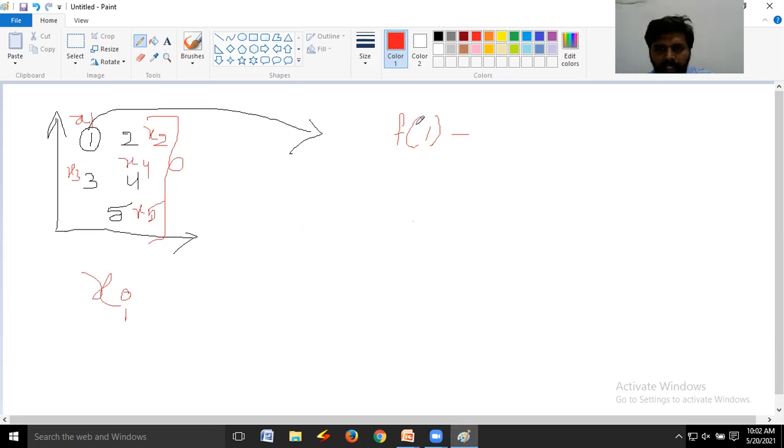Now, here this is X1. X1 minus f cap of X1. This is the epsilon 1 value. Here epsilon 1 is the residual for X1.